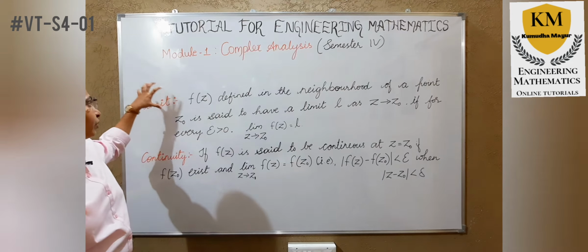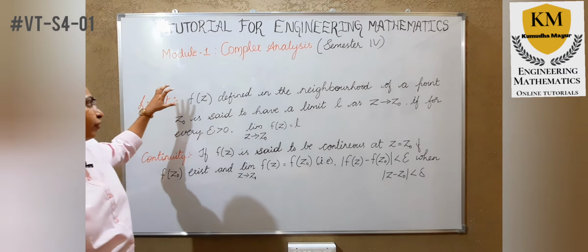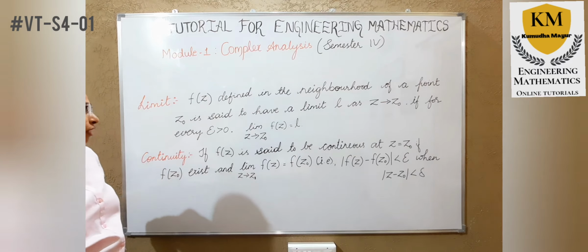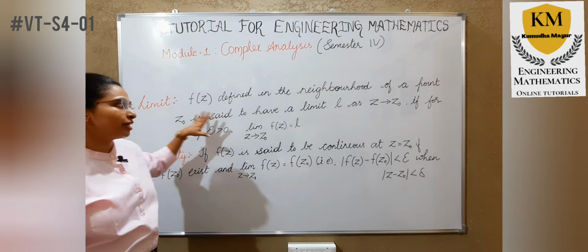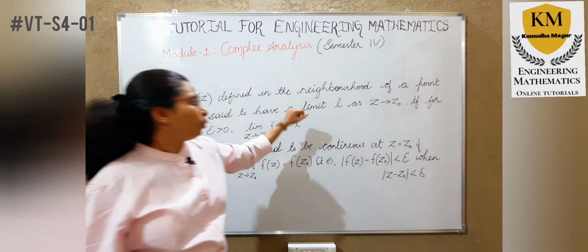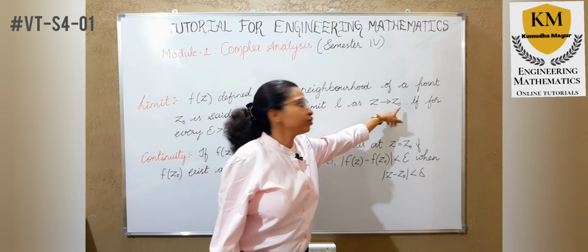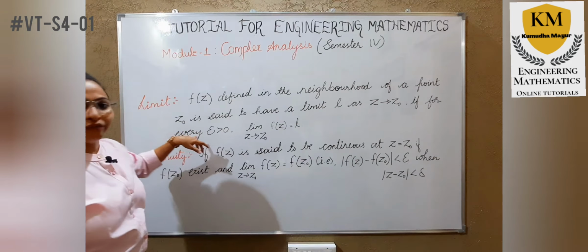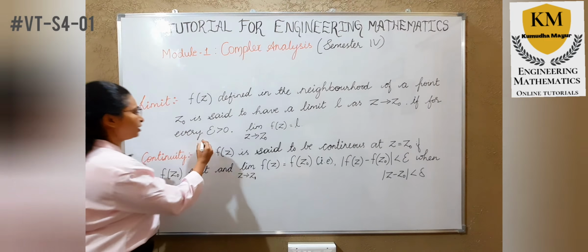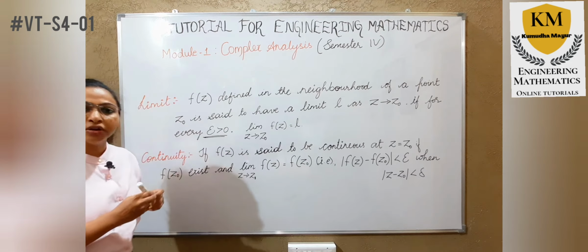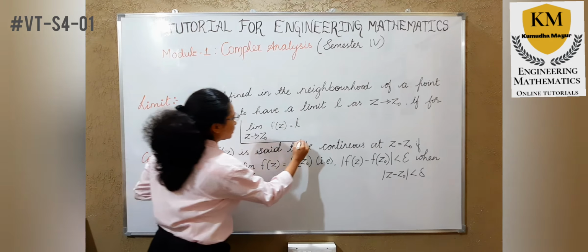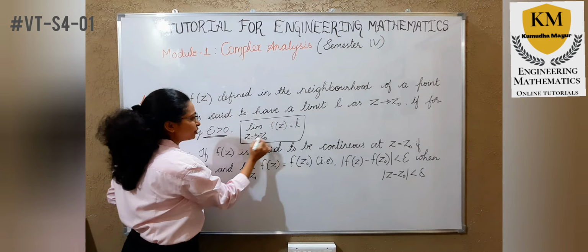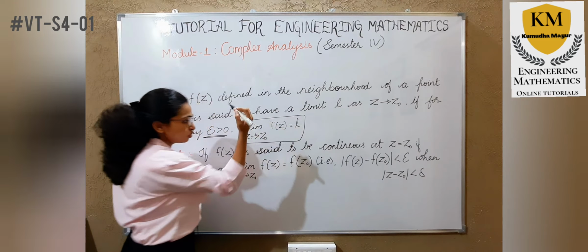So when you come to the definition of limit, if f of z is a function defined in the neighborhood of a point z0, it is said to have a limit L as z tends to z0, if for every epsilon greater than 0, and so on. This you will be able to understand once we start solving the sums. Then we can say that limit z tends to z0 of f of z is equal to L.